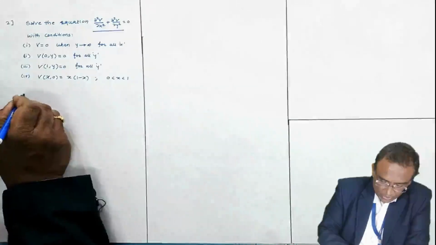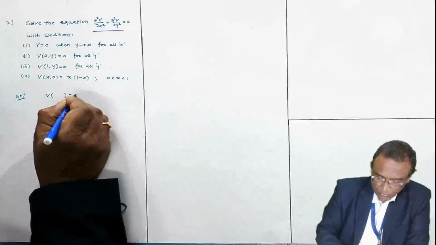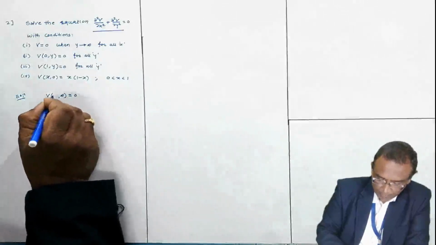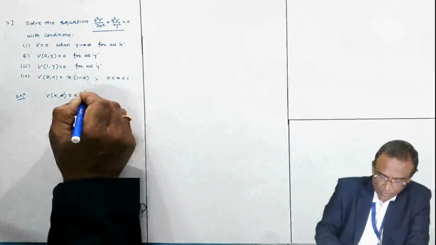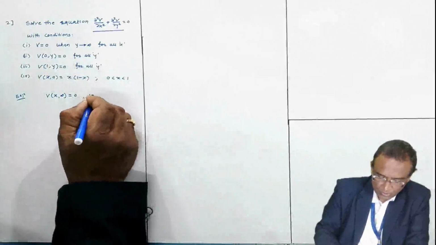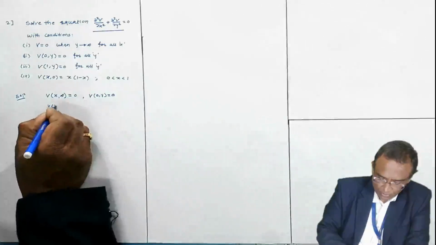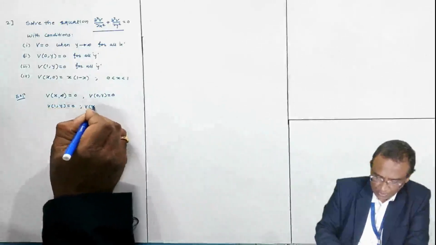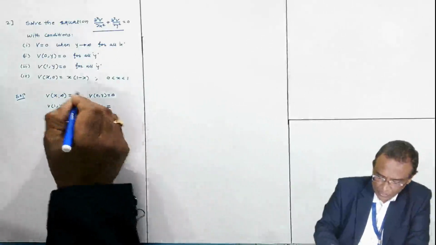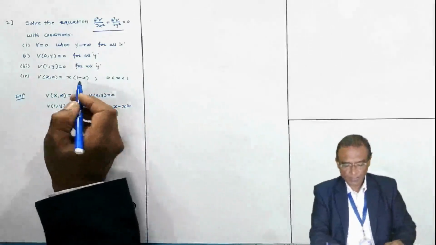Then the next condition, V of 0,y is 0. V of 1,y equals 0. These are the boundary conditions given to you. V of x,0 equals x minus x square, multiplied by x.